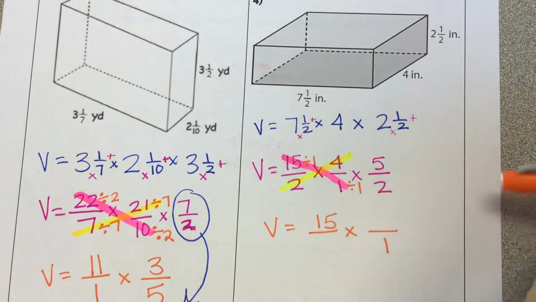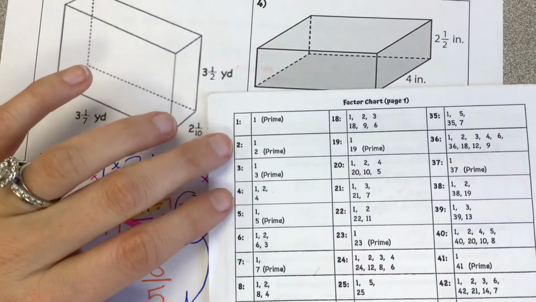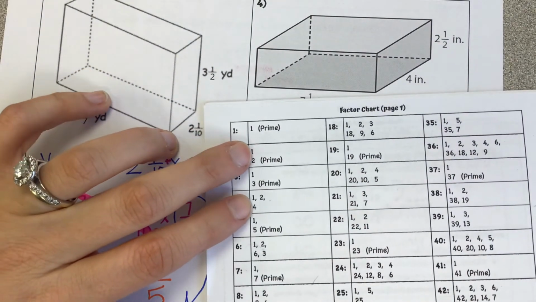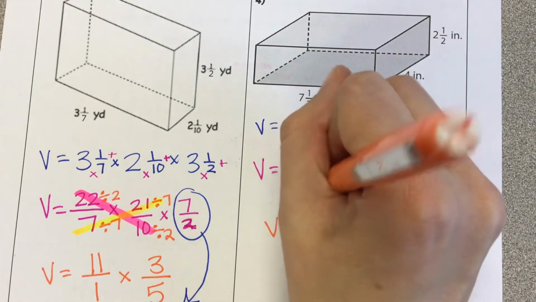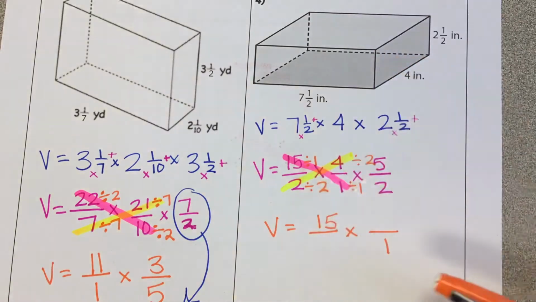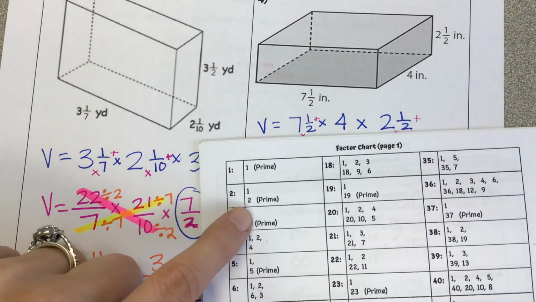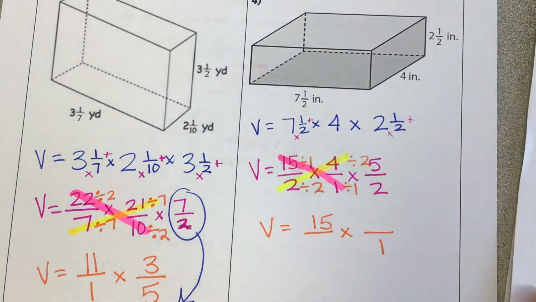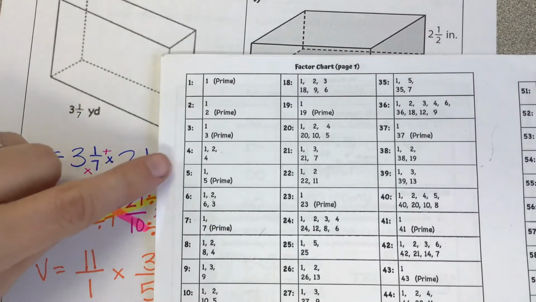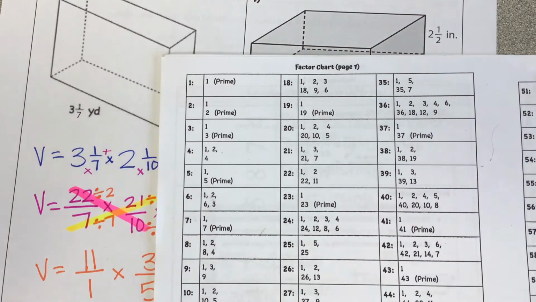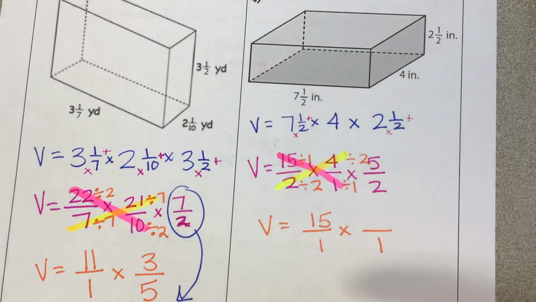Our other diagonal, 2 and 4. 2 and 4 both divide by 2. 2 divided by 2 is 1. 4 divided by 2, since there's nothing paired up with it, that means 4 divided by 2 is 2.